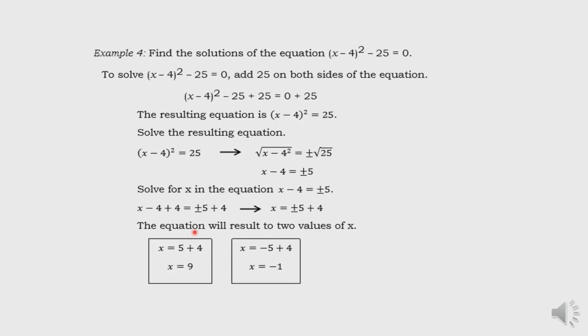The equation results in two values of x. One, using positive 5 plus 4, becomes 9. That is our x sub 1. The other, using negative 5 plus 4 for x sub 2, becomes negative 1. Okay?